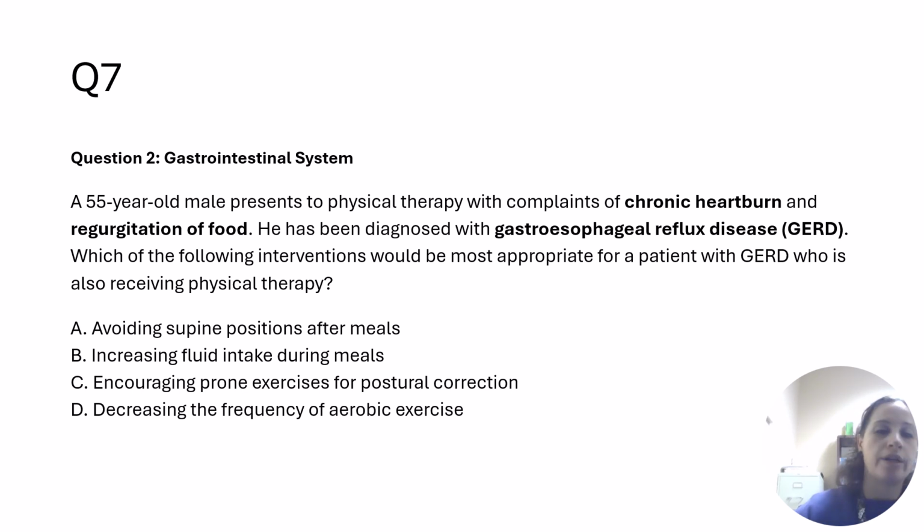Or maybe try to go in a way where it's not as much compression. Prone is going to make things worse. If you have to do prone, maybe put a pillow, a donut, something so that it can take a little bit of pressure. But core exercises, you have to be careful with that pressure.